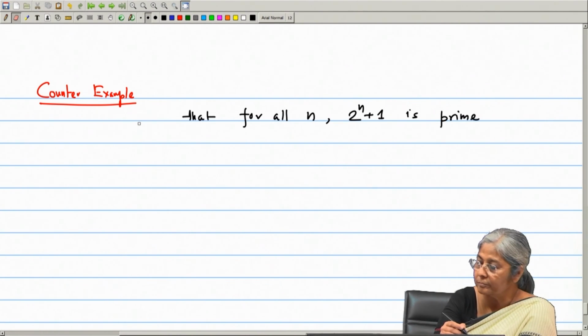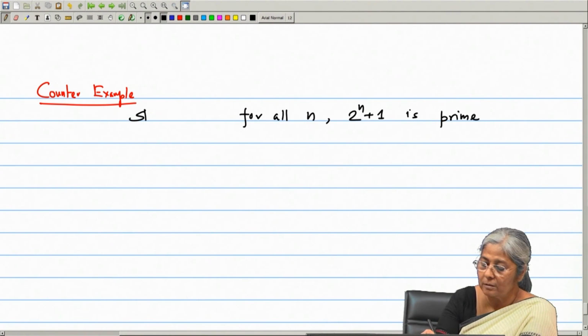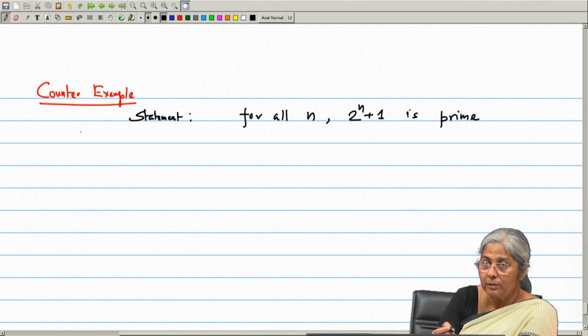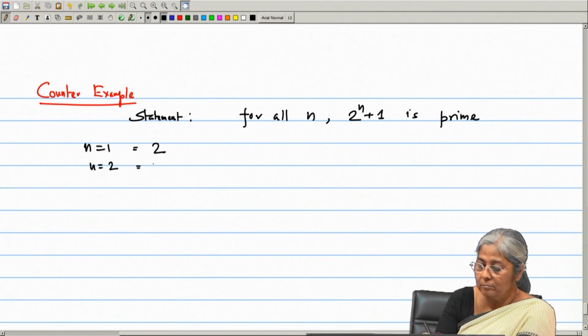For all n, 2 to the power n plus 1 is prime. Now, if we again do it by cases, for n equal to 1 we see that this is 2, prime. For n equal to 2 it is 5, prime. For n equal to 3 it is 9.